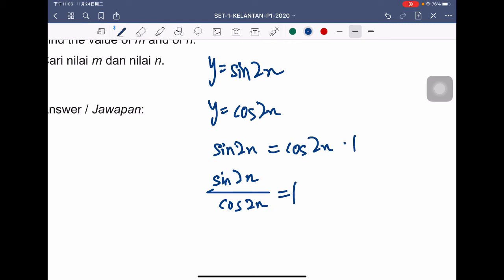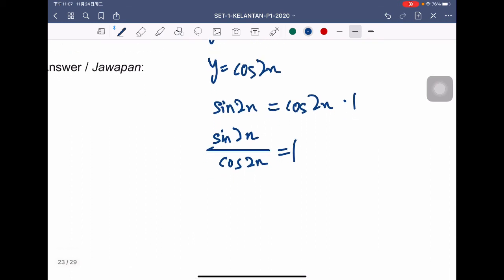Actually, for here, we can write the cos 2x as multiplied with 1. So sin 2x divided by cos 2x is equal to 1. And then sin 2x over cos 2x becomes tan 2x equals 1. So for 2x, by using your calculator, you will find that tan of an angle equal to 1 will be 45 degrees.